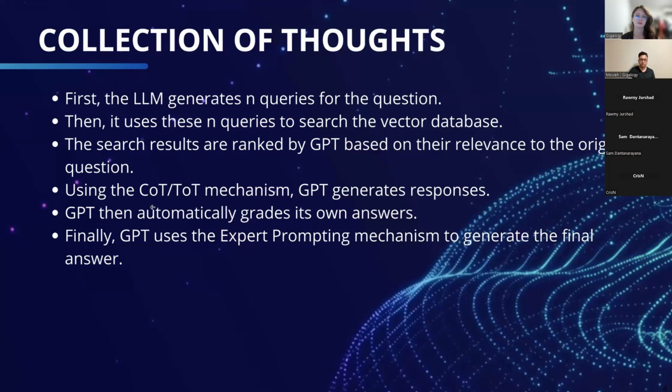After that, we use either chain of thoughts or tree of thoughts mechanism, and GPT generates the response. Then GPT automatically grades its own answers, and you will be surprised if the answer is wrong. In most cases, at least with GPT-4, I find that it actually corrects its answer by itself. And then we use the expert prompting mechanism to generate the final answer.